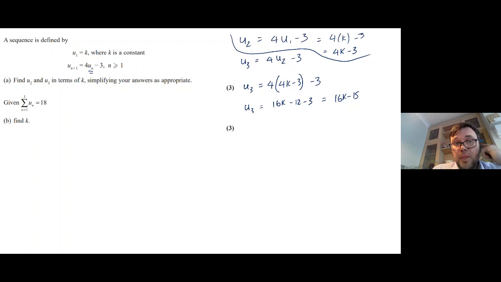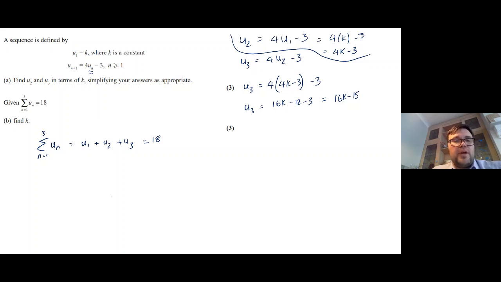It is then given that the sum, sigma, for n equal to 1 to n equal to 3 of un, so that basically means u1 plus u2 plus u3 is equal to 18.